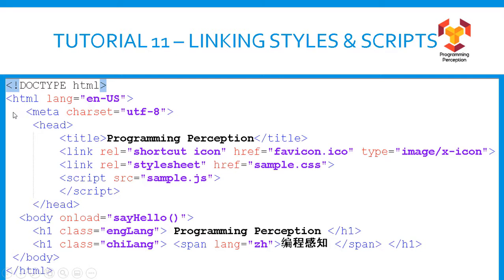This meta will also be part of the head element itself. And today we are going to discuss this CSS and JavaScript linking. With the help of this link element, this time we are linking a style sheet, and the file name is sample.css. And with the help of this script tag, we have linked to this sample.js. JS represents a JavaScript file.